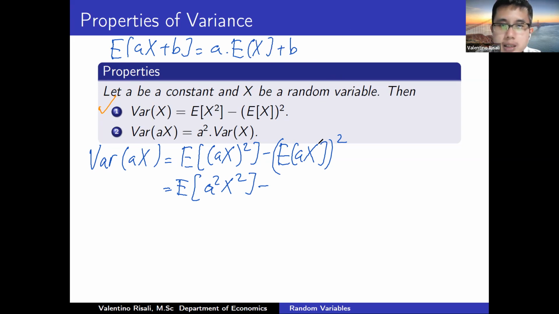Because in this term the value of b is equal to 0, we get this expression is equal to a times EX. After that, square them.